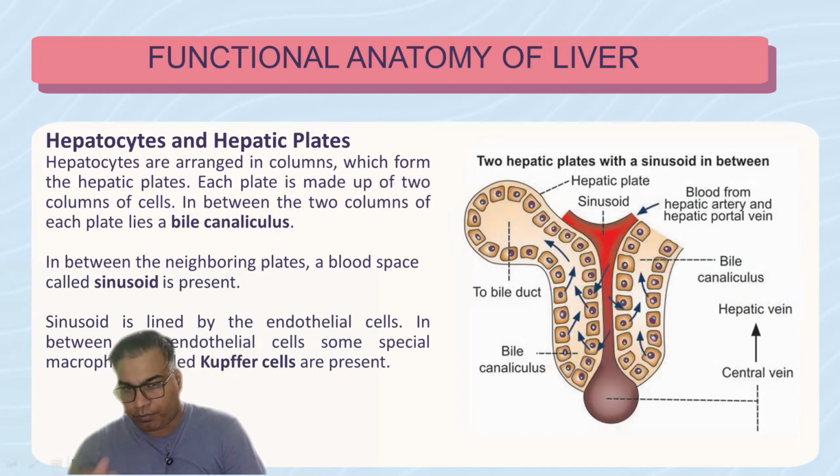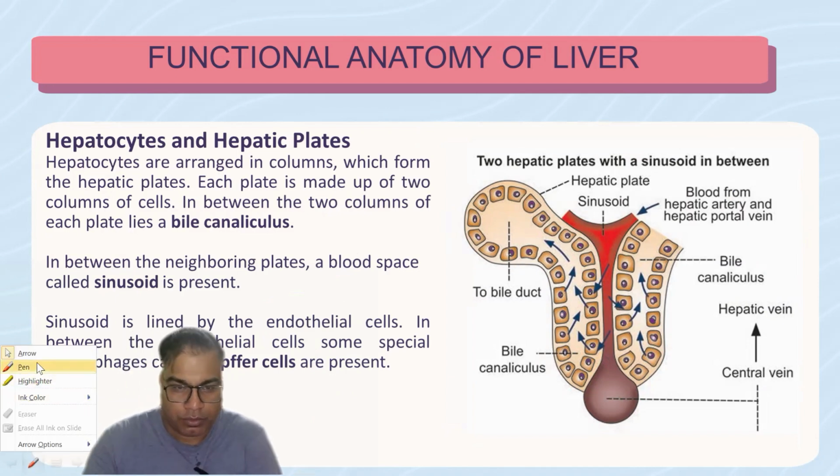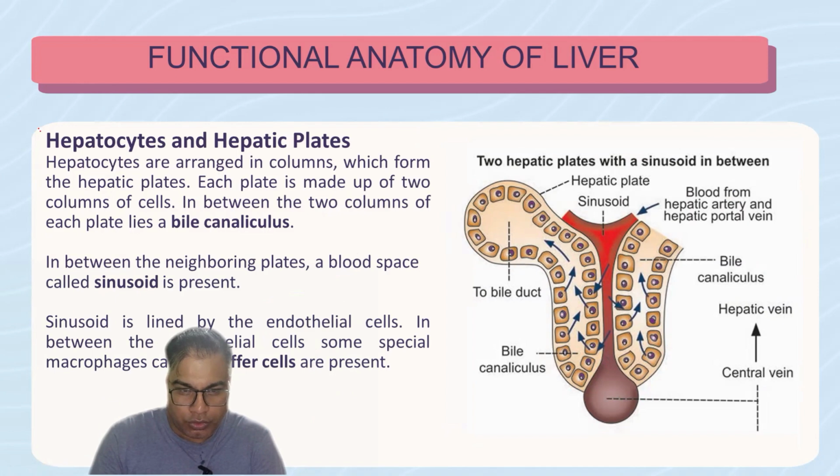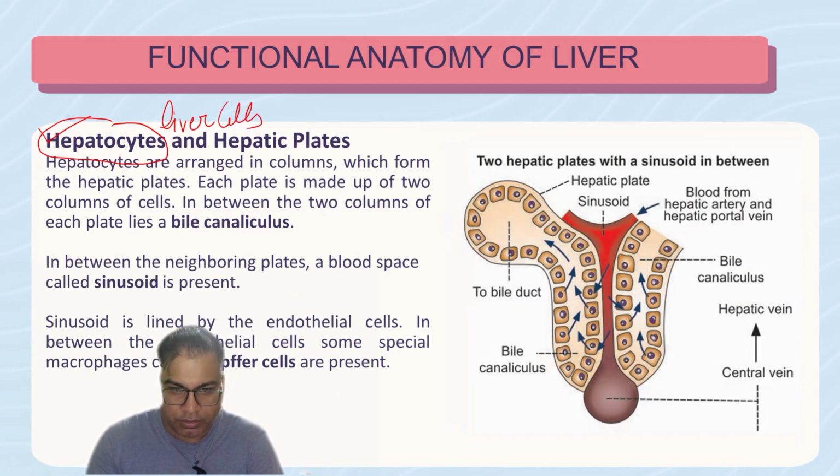Now come to the hepatocytes or hepatic plates. Hepatocytes are the liver cells. Basically, we divided the liver into various lobes: right lobe, left lobe, caudate and quadrate lobes.